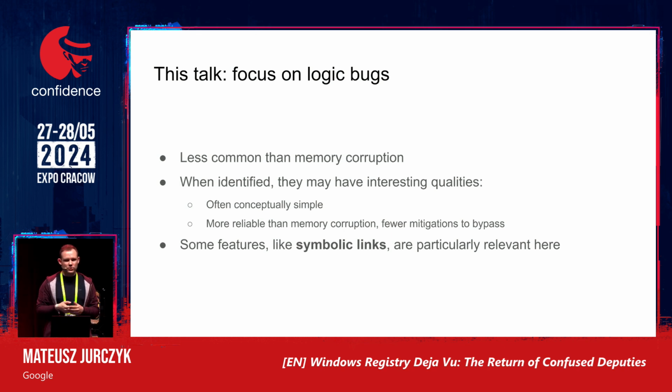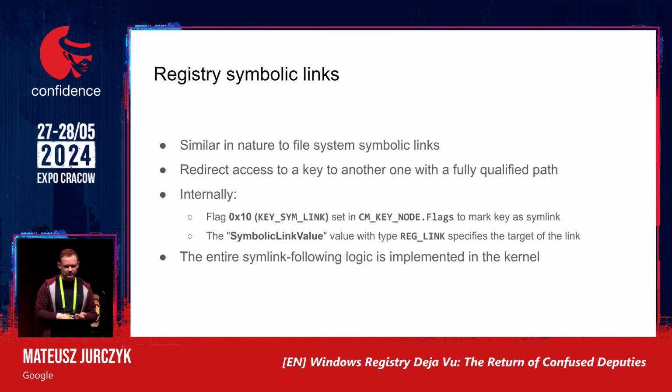And if you know anything about logic bugs in operating systems, you know that symbolic links in particular often play a very big role, both in the finding and in the exploitation part of logic bugs. It turns out that the registry also has symbolic links, which is very useful. They are very basic. Conceptually, they're basically the same as file system symbolic links.